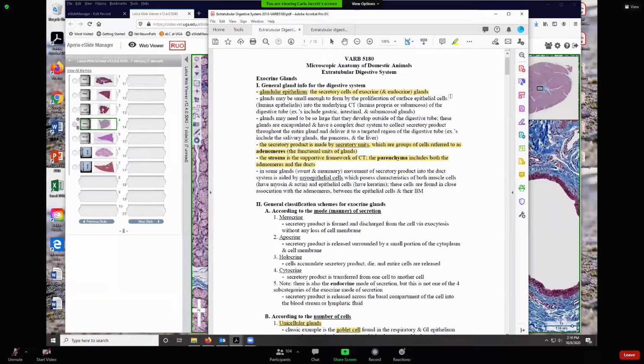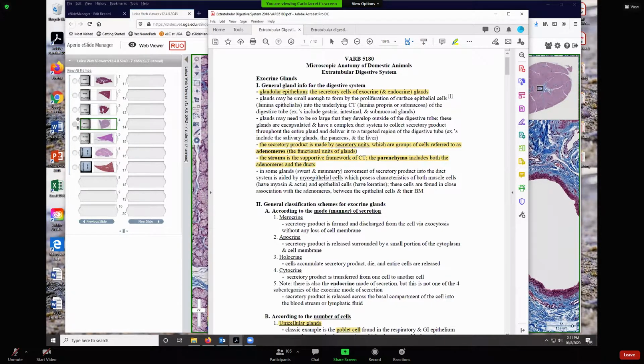Now we're talking about a very large mass of epithelial cells that was so big when it invaginated down from the lamina epithelialis, it kept on going. It went through all the tunics, it came out of the digestive tube and then formed out in the connective tissue outside of the tube. So that's why it's called extratubular.